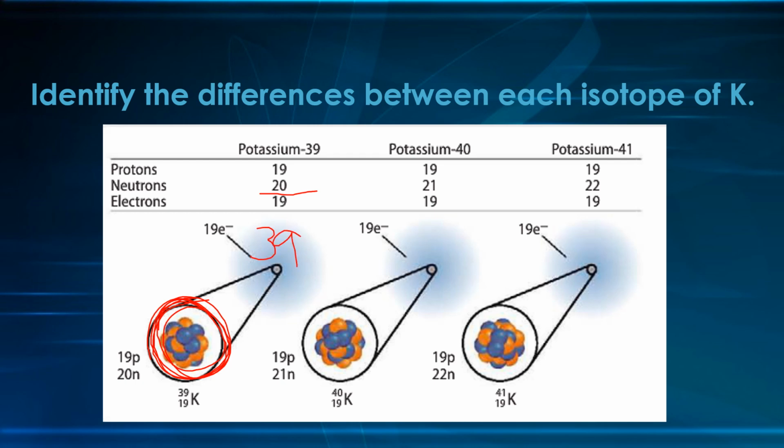If I want to take the mass of this second potassium atom, again, I'm going to add the number of neutrons plus the number of protons, and I should get 40. And last but not least, I'm going to do the same thing for my very last atom over here, and I get a mass of 41.